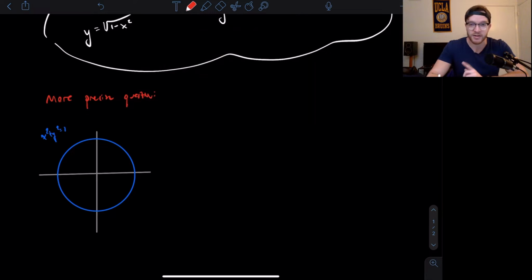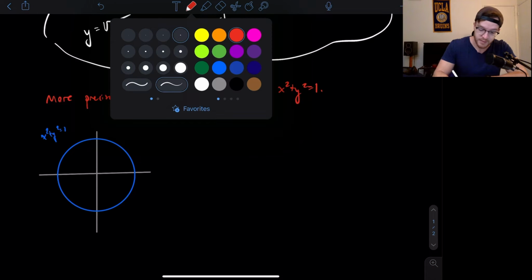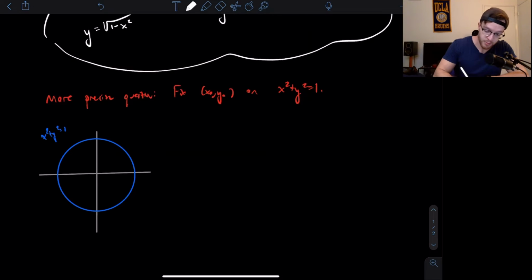And here's what I actually want to ask. Pick a point on the circle, any point. So fix x naught, y naught on the circle x squared plus y squared equals 1. Let me draw a point in here. What I really want to ask is the following.